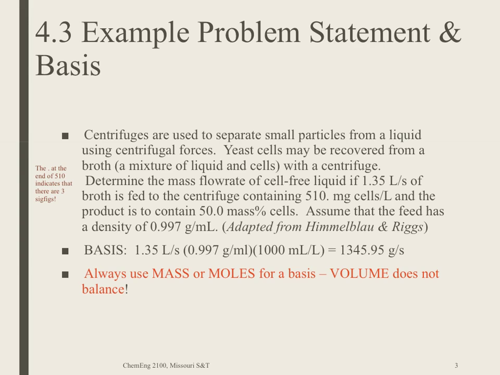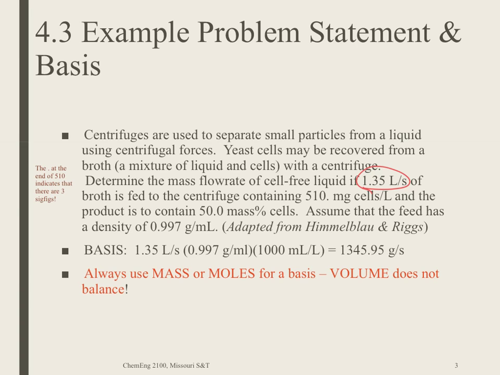So remembering our process, we begin by always looking for the basis. A basis could be something that we create, but if they tell us something about the quantity in the problem statement, then we should use that as the basis. In this particular case, they tell us that there's 1.35 liters per second of broth.